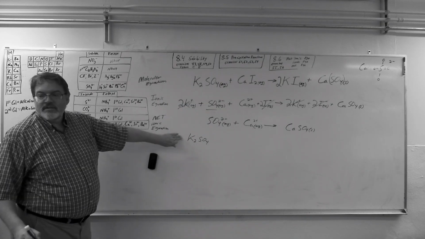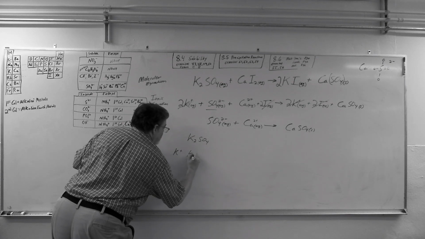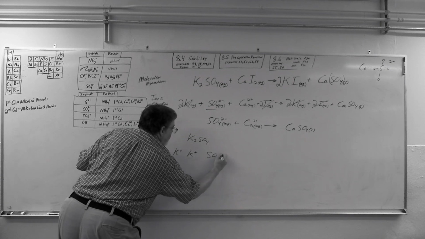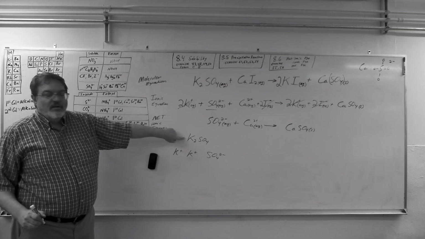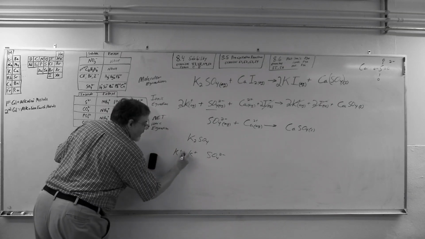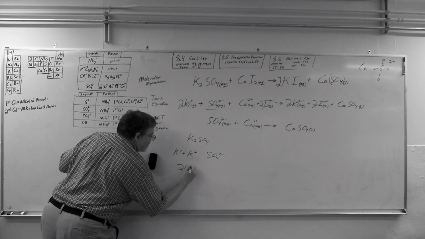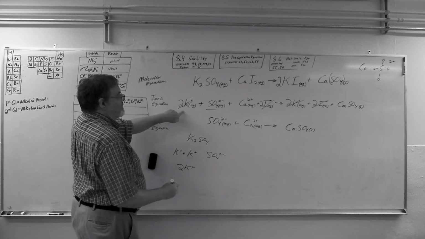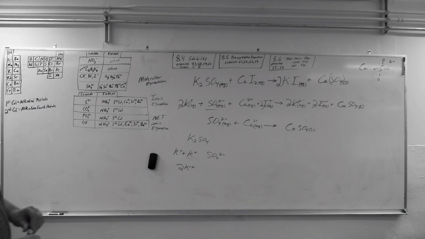If I split this into all its ions, I get K plus, and SO4. Because there's two Ks here, instead of writing K plus, K plus, I'm writing 2K plus.